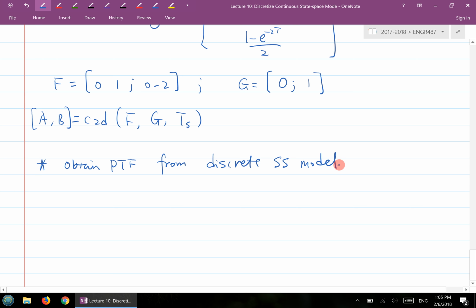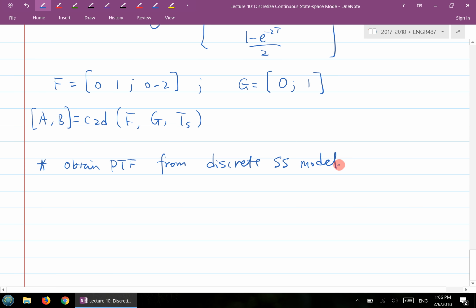In the previous lecture, what we did was present a pulse transfer function, G of z, for example, and then put it into the simulation diagram appropriately, and then derive a discrete state space model, right?